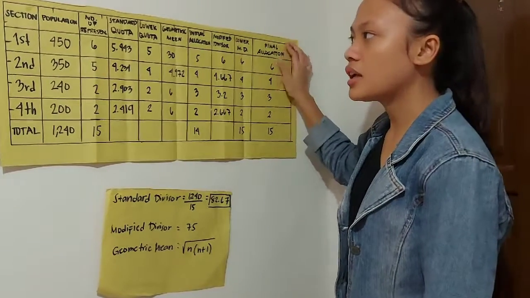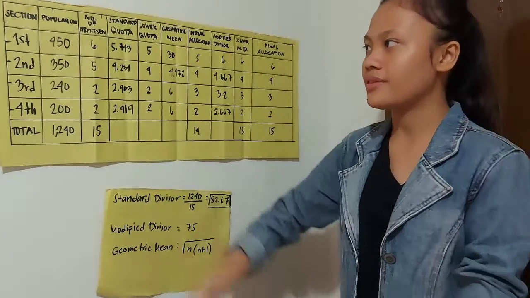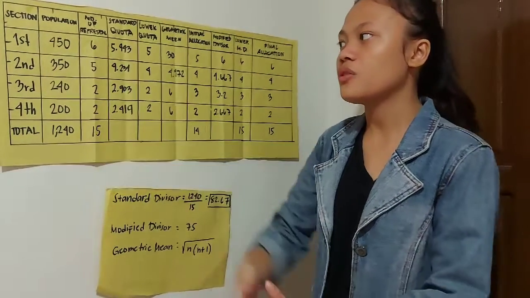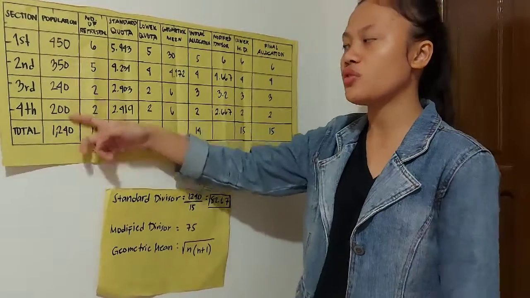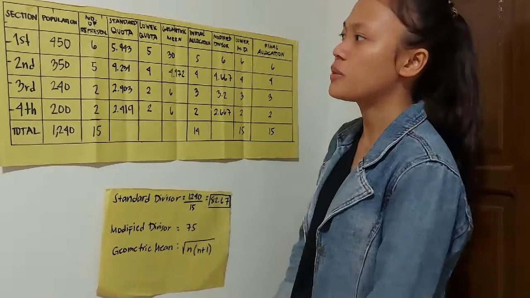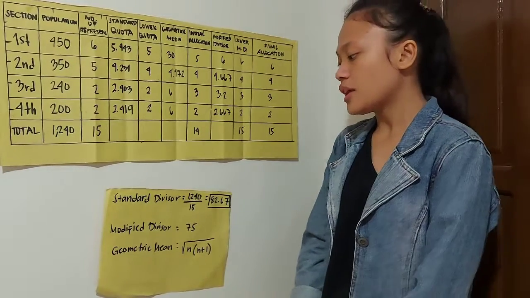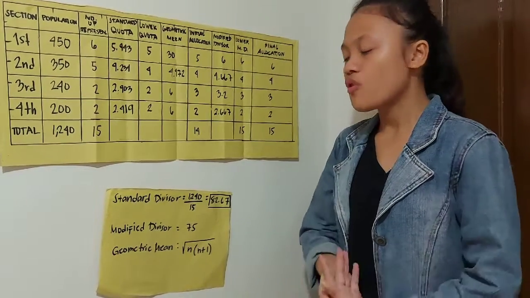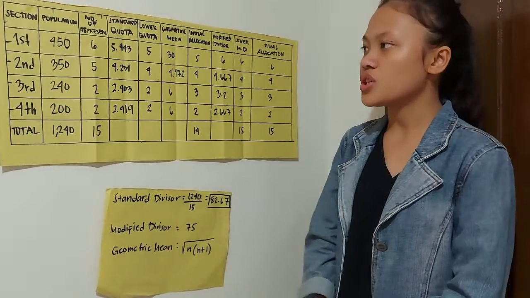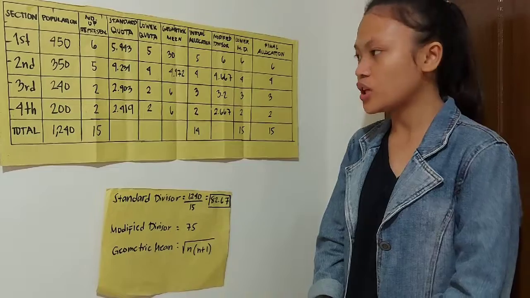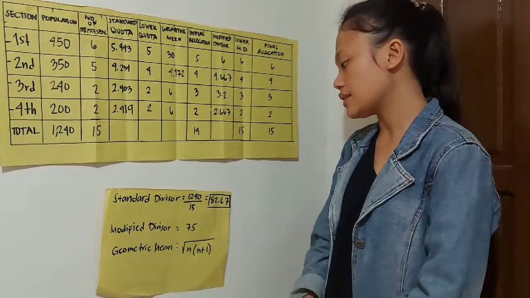So in calculating the Huntington Hill number, we need to have the sections given, the first, second, third, fourth section, the total population of each section, and the number of representatives. In order for us to calculate this, we need to first calculate the standard divisor, which is the total population over the total number of representatives.